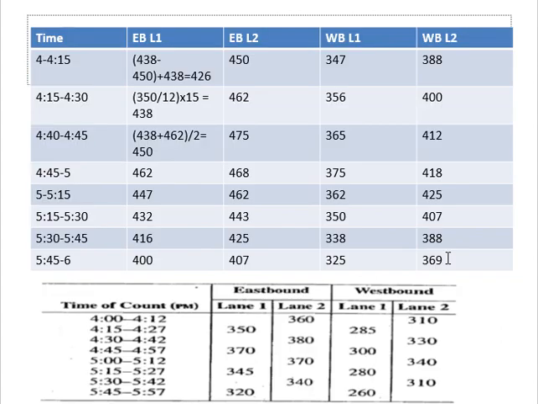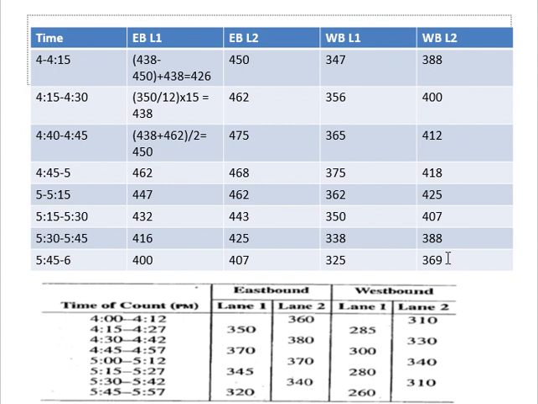Each direction has 2 lanes, right? So do the peak hour volume and peak hour factor for each direction, eastbound and then westbound. Then combine them and do it again: peak hour volume, peak hour factor, and peak hour itself.